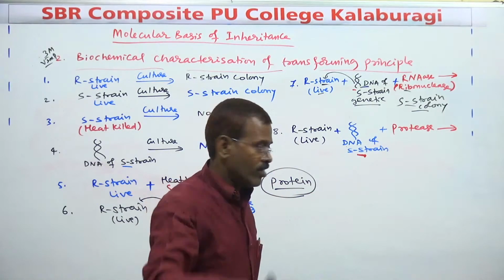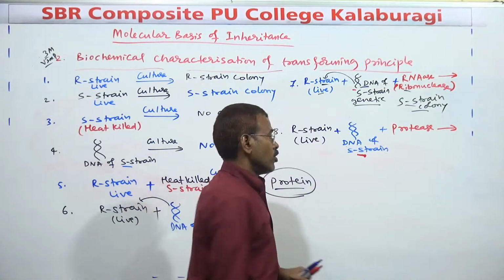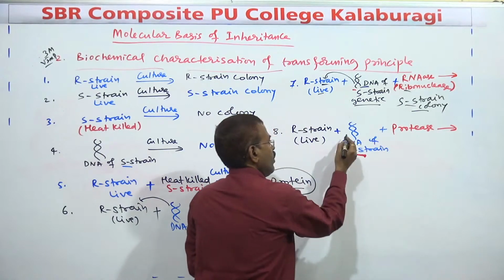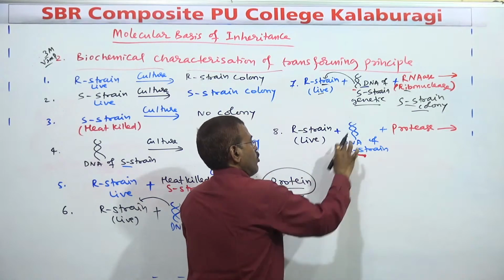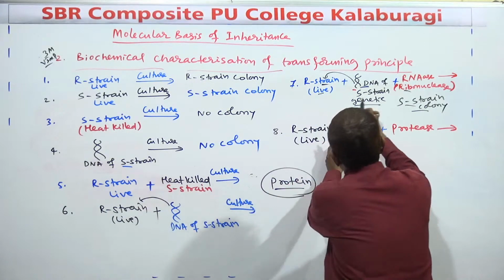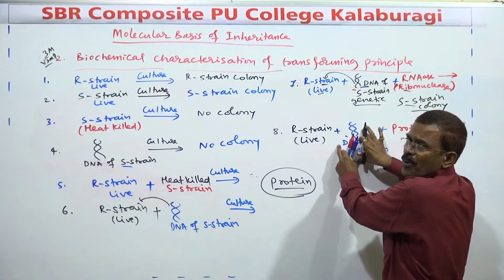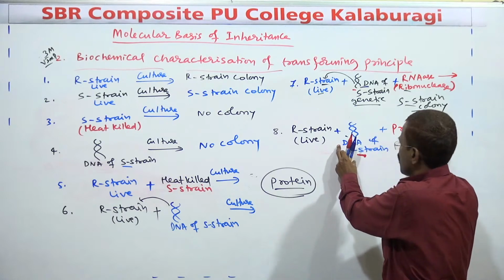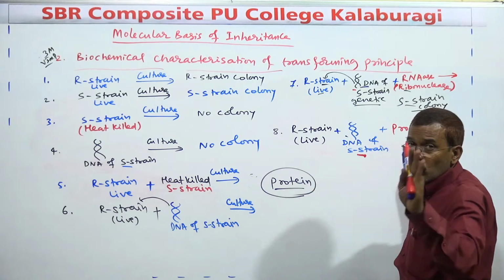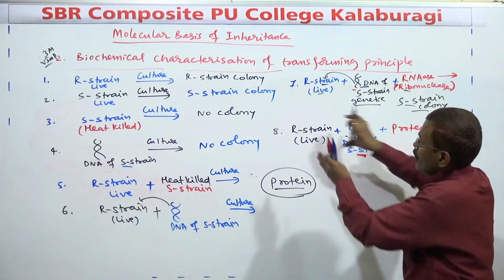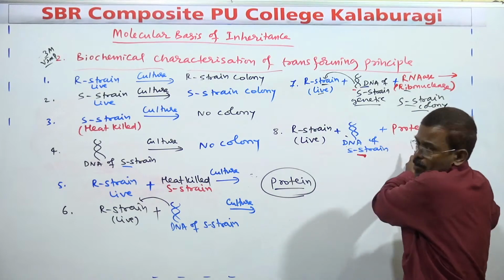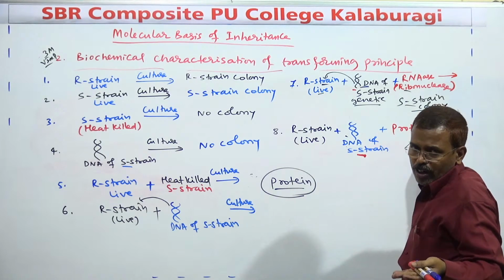So if it is protein in nature, it will be completely digested. So we should not expect any transformation. R strain should remain an R strain colony.